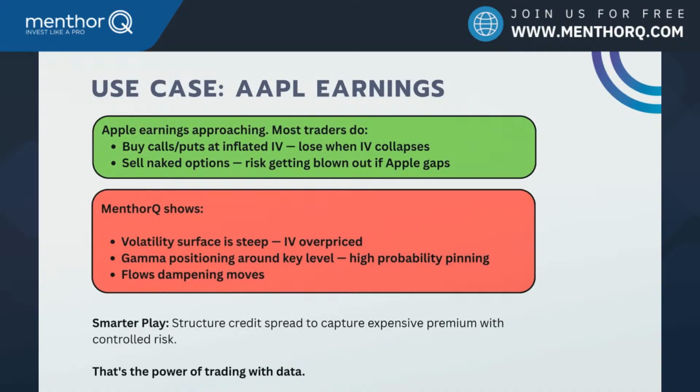Then let's look at another example. We're going to go into earnings. When you look at Apple, as an example, most traders do one of two things before earnings. They either buy calls or puts when volatility is very high, and they lose when volatility goes down.